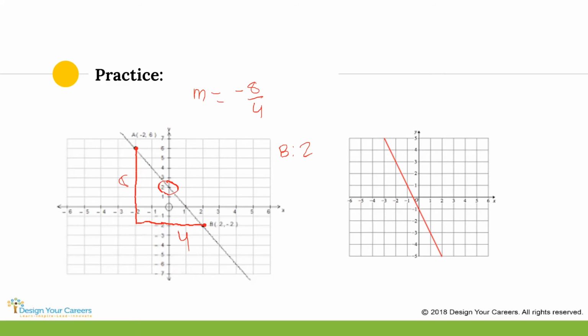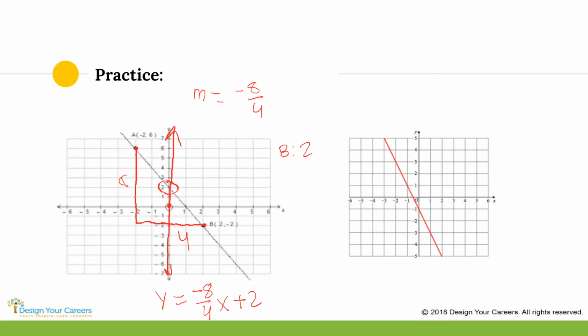Any numbers that are below this origin right here are negative. Any numbers that are above this origin right here are positive. Now we just put the equation together. y is equal to negative 8/4 x plus 2.